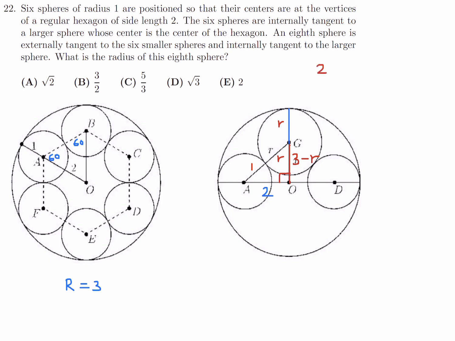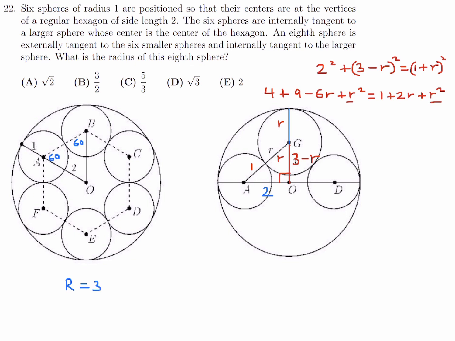So it's going to be 2 squared plus (3 minus r) squared is equal to (1 plus r) squared. If you expand this out, you're going to get 4 plus 9 minus 6r plus r squared is equal to 1 plus 2r plus r squared. The r squareds cancel on both sides.